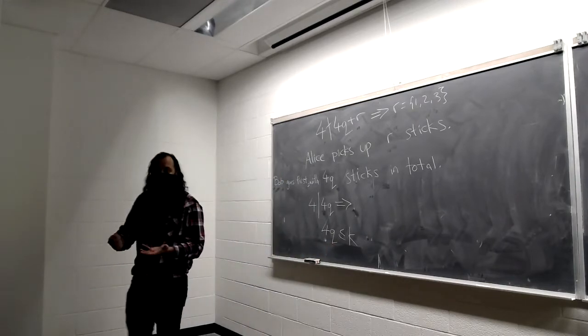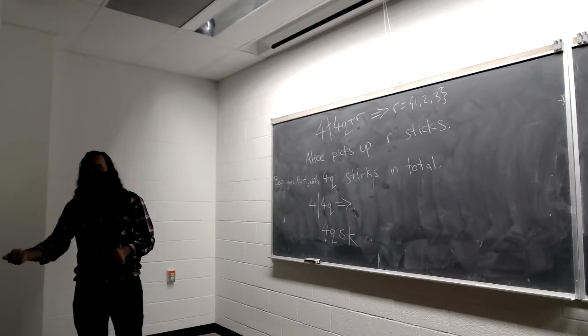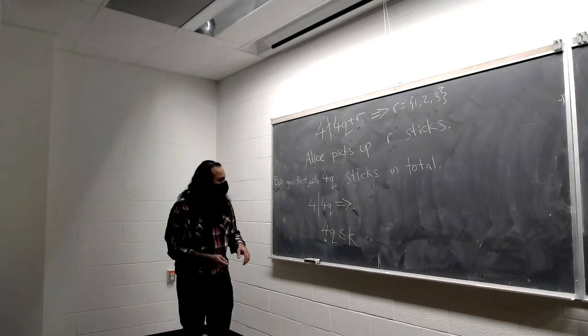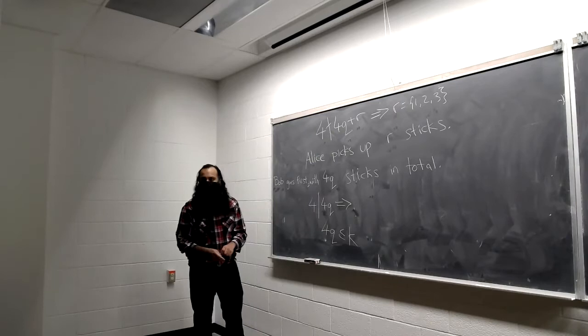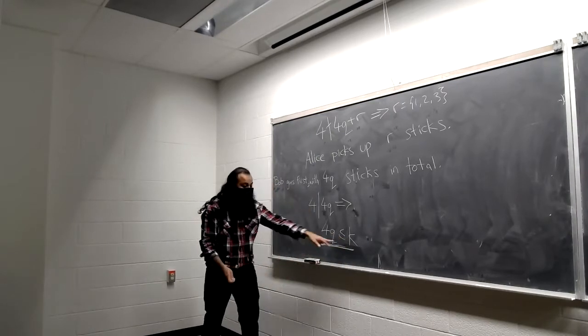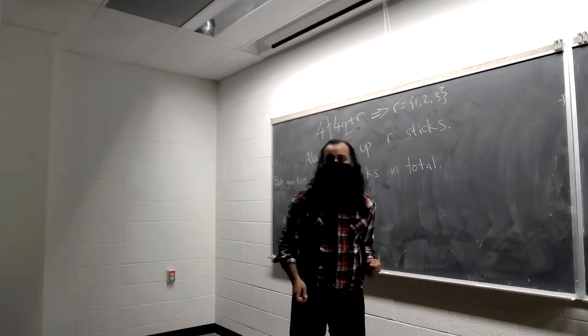If R equals 1, I'm taking away 1 stick, so k plus 1 becomes k. If R equals 2, I'm taking away 2 sticks, so n equals k minus 1. So whatever it is, 4q is always going to be less than or equal to k, which means that it's valid to use the induction hypothesis.